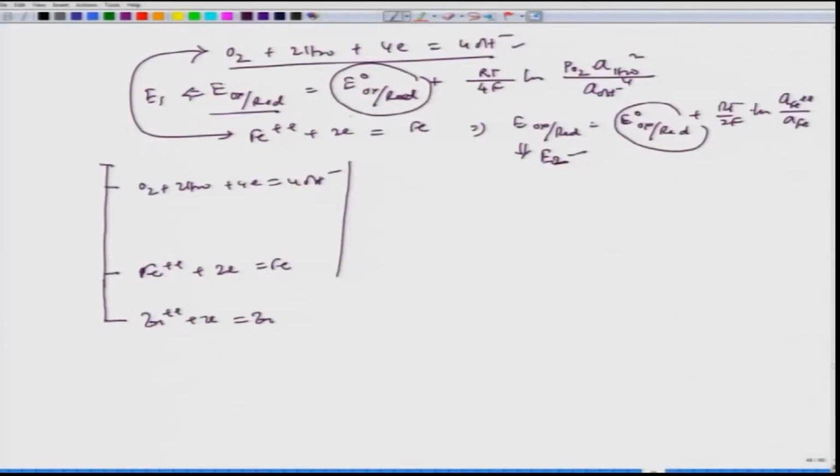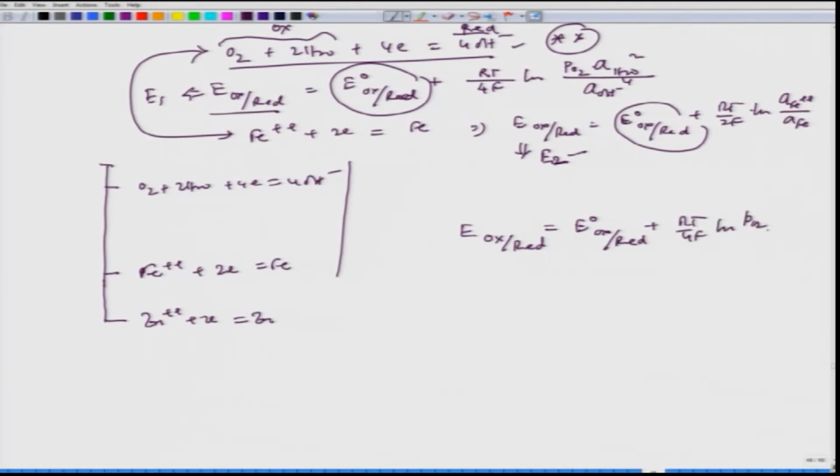But before that, let us look at this particular reaction again, the oxygen reaction. Interestingly, this is basically the ox part and this is the red part. So, E ox/red equals E0, I am not writing those individual species, plus RT by 4F ln PO2.